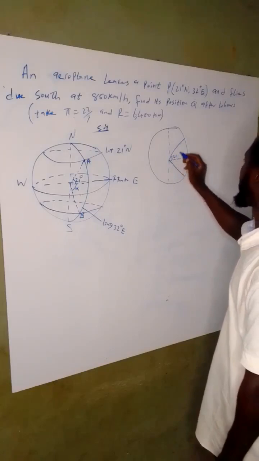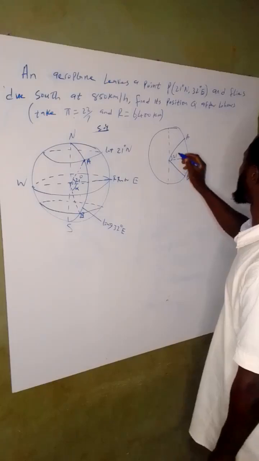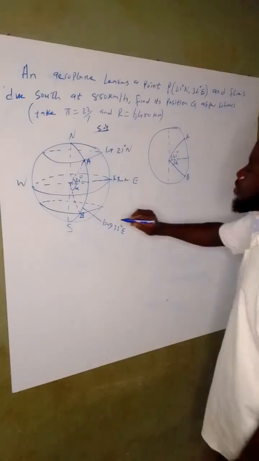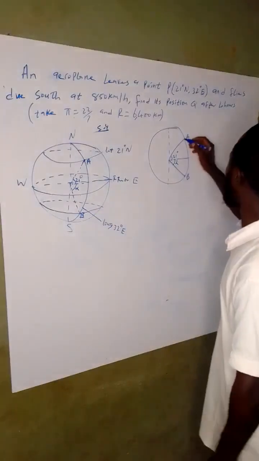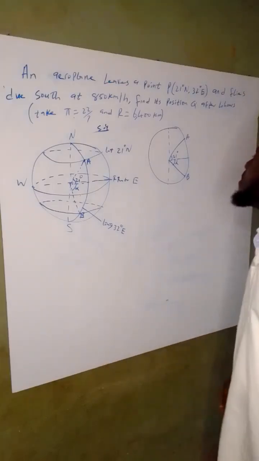This is 21, this is A, this is B. We are looking for the distance AB, along the great circle, not along the small circle this time around.